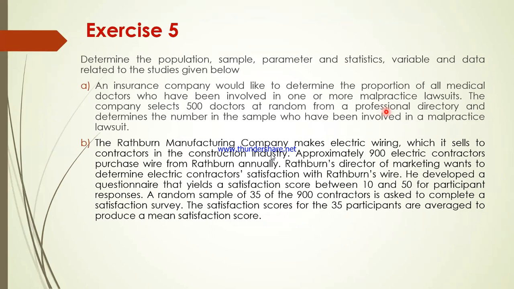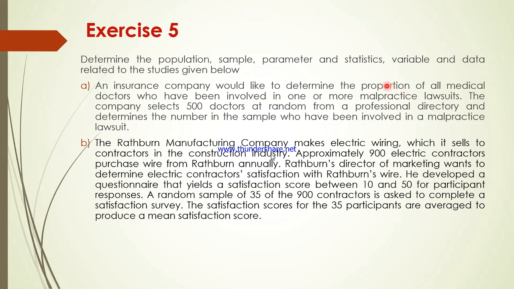You learned that the population parameter is the proportion of all medical doctors who have been involved in one or more malpractice lawsuits.